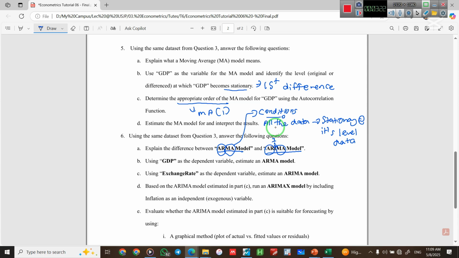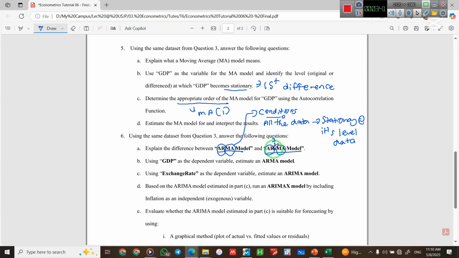So in here this is the AR model, this is the MA model, and this is the I, the level of integration or the level of differencing that you have done.